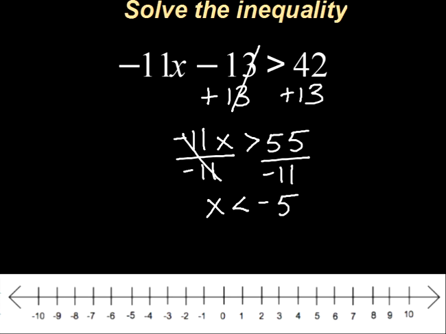All we have to do from here is find negative 5 on the number line and graph our solution. Since this is just a less than sign, we will not be including the negative 5, so we will leave this as an open circle and draw our arrow to the left, indicating that our solution is any value less than negative 5. Let's look at another.